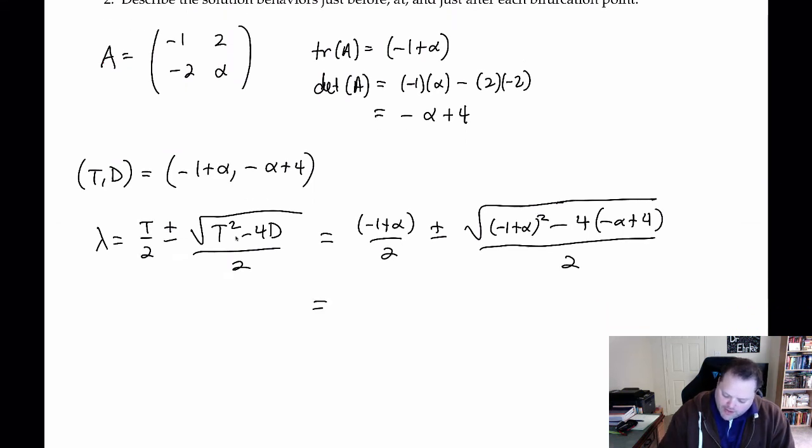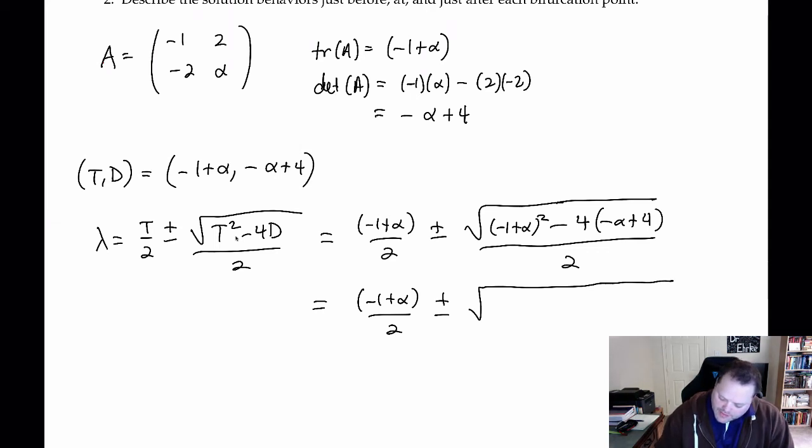And if I simplify this a little bit more, this gives me 1 minus 2 alpha plus alpha squared plus 4 alpha minus 16. I believe that is correct.